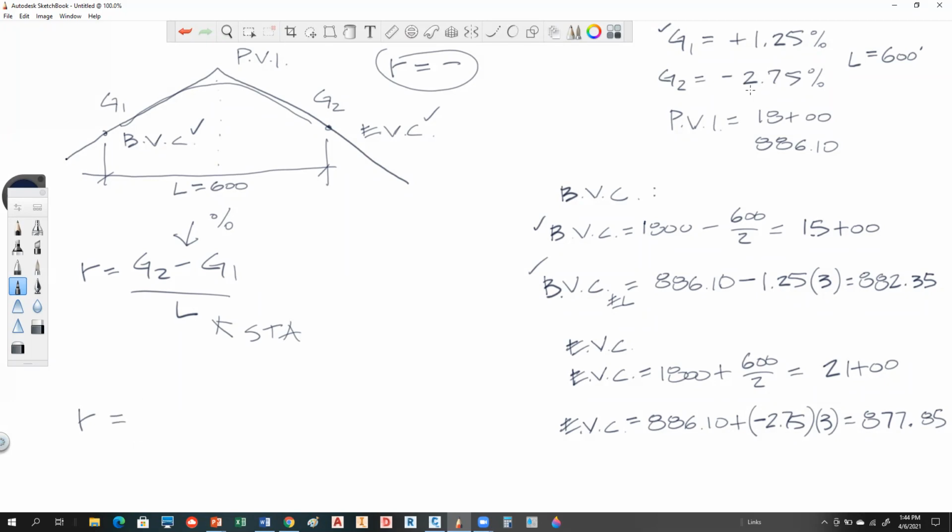Negative 2.75, minus a positive 1.25. Grade 2 minus grade 1. What is L? 600, so in stations that would be 6.